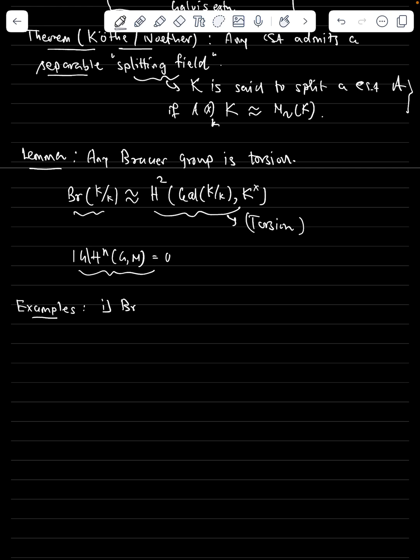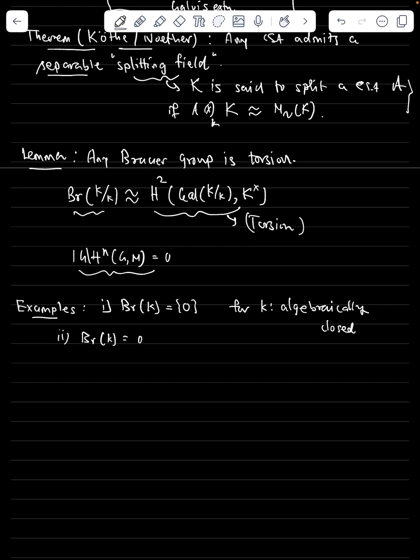Now, talking about examples, most of the basic examples are as you can expect: if K is algebraically closed, the Brauer group is trivial. This is easy to see because there is no division algebra over any algebraically closed field. In fact, there is something called quasi-algebraically closed, or pseudo-algebraically closed, fields.